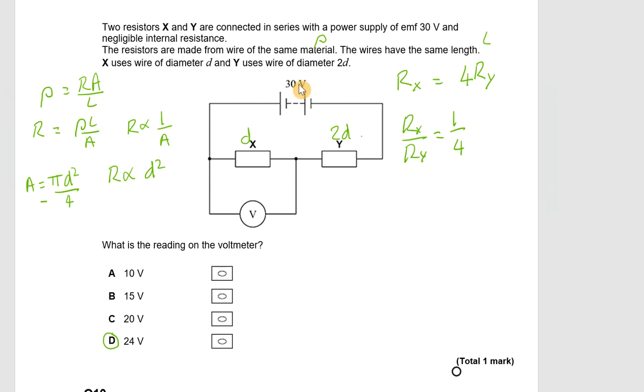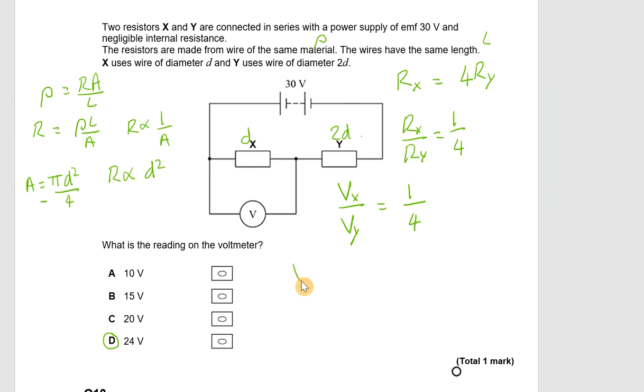Now, that potential difference is shared across those resistors, or across any two resistors, in proportion to their resistance. So I can then say the potential difference across X over the potential difference across Y is in the proportion of 1 to 4.